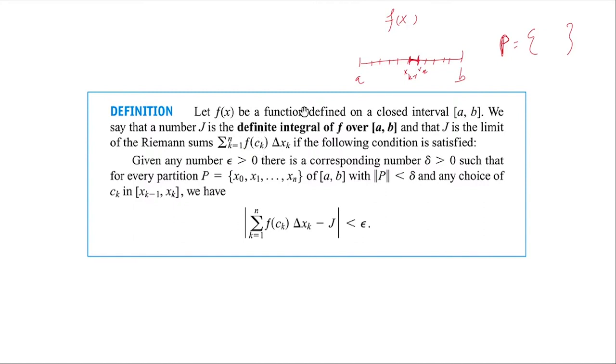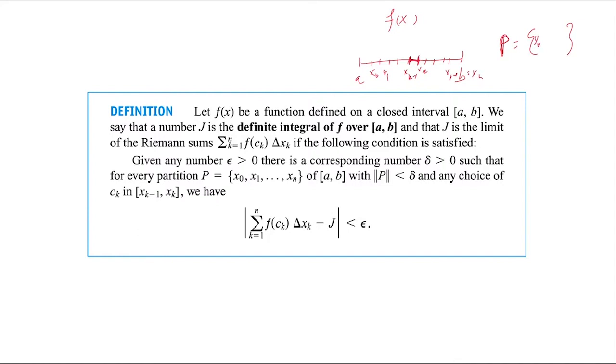Now the definite integral is actually this Riemann sum, and this is how we define it. As you can see here, given any positive number epsilon, there is a corresponding positive number delta, such that for every partition, no matter how you take this partition, in this case let's say x0, x1, and then up to xn minus 1, and this is xn.